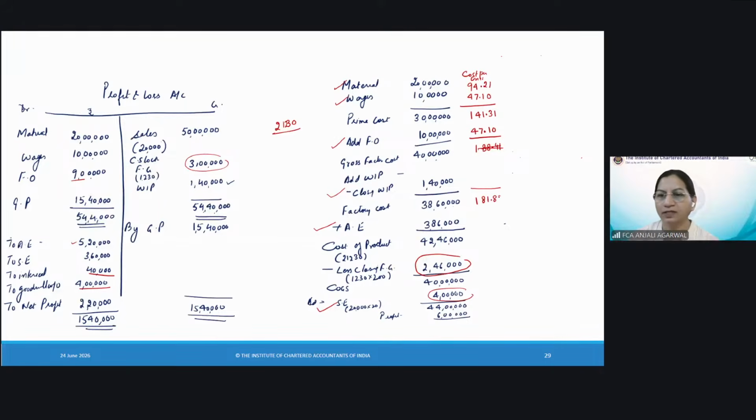So I'll take it as 182. Then to this I'll add the administration expenses, 3,86,000 divided by 21,230, another 18.18. So when I add 18.18 to 181.82, it comes out to be 200.